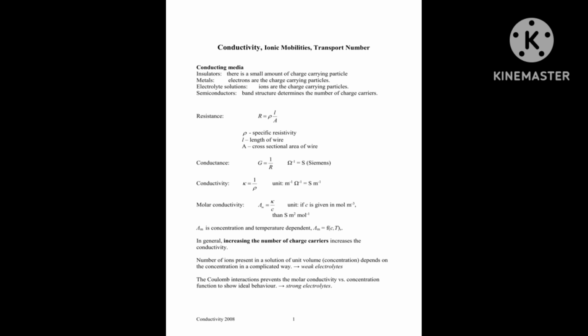If the resistance of the same cell when filled with 0.02 mole per liter KCl solution is 520 ohm, two values of ohm they have given. Calculate the conductivity and molar conductivity of 0.02 mole per liter KCl solution. Means only the concentration is changing.